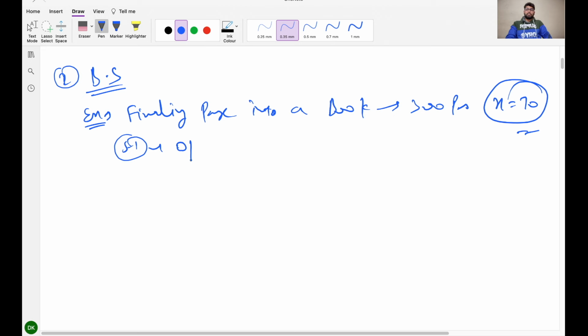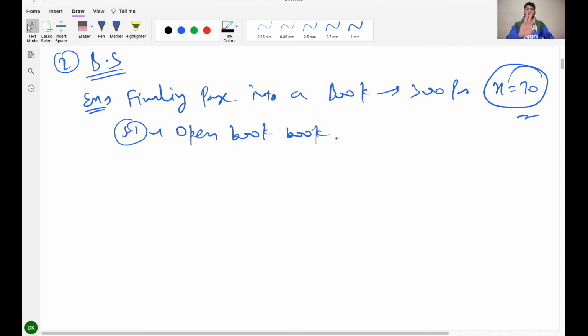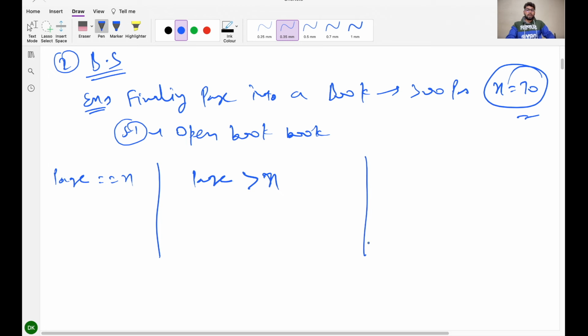We just open a book, no matter which page is open. Then we have 3 cases. Either this page is equal to x, or this page is greater than x, or this page is less than x. And x is 70 over here.